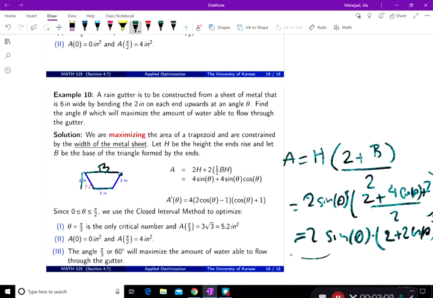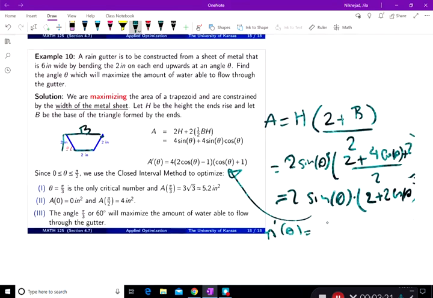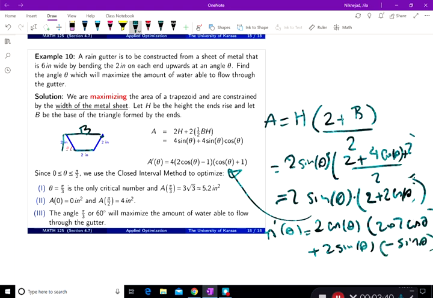So taking the derivative, A prime of theta is equal to, by the product rule, 2 cosine theta times 2 plus 2 cosine theta, plus 2 sine theta times negative sine theta.